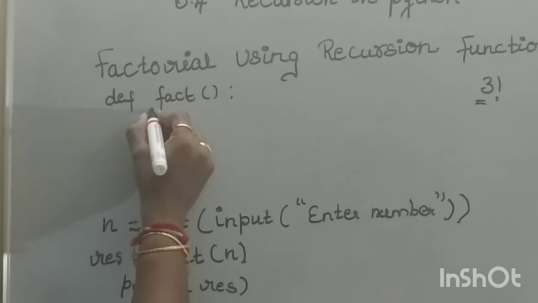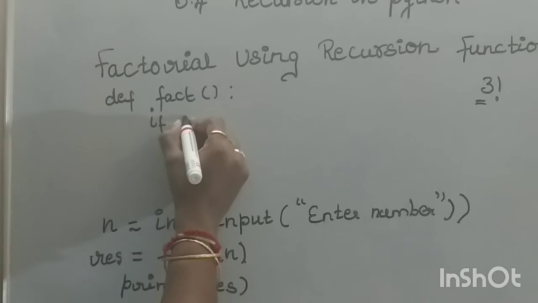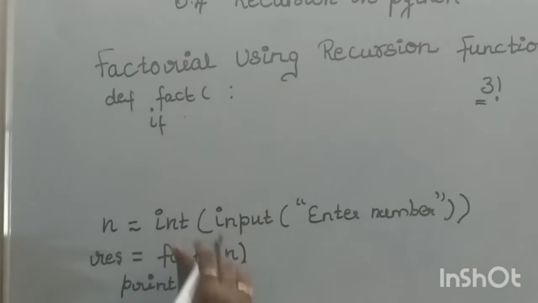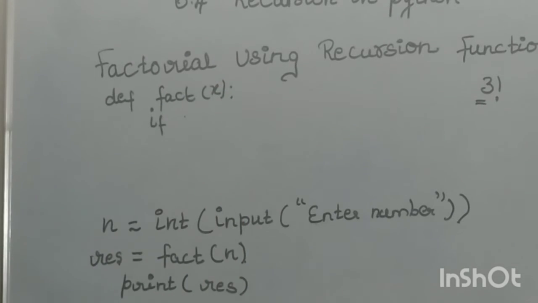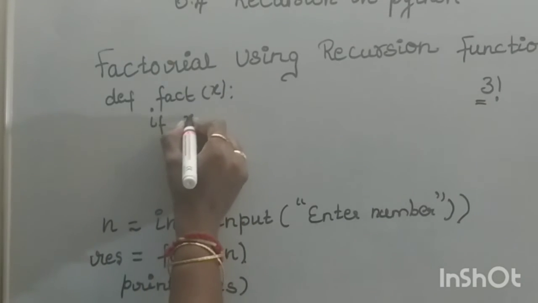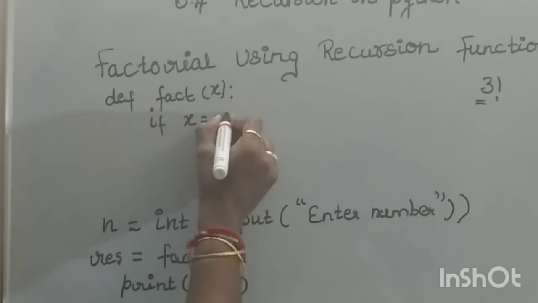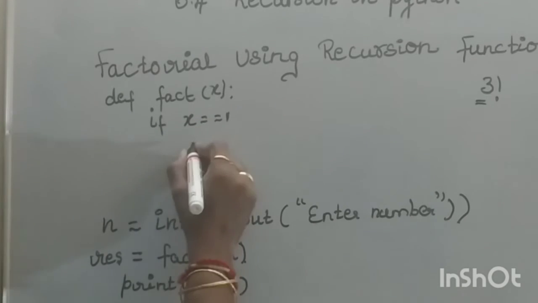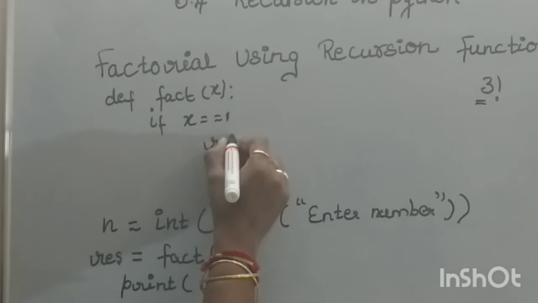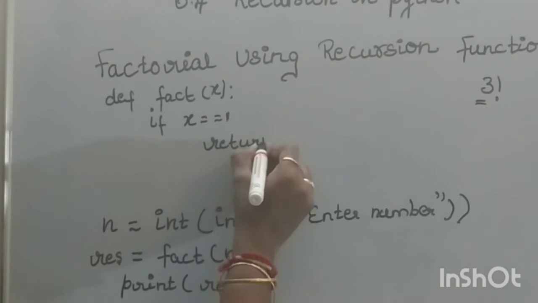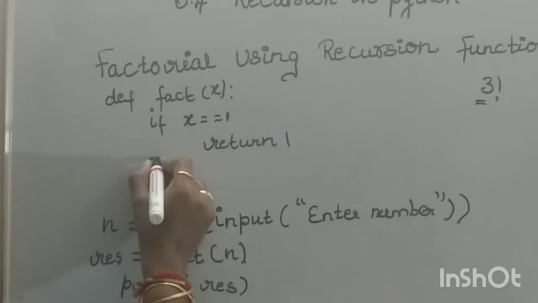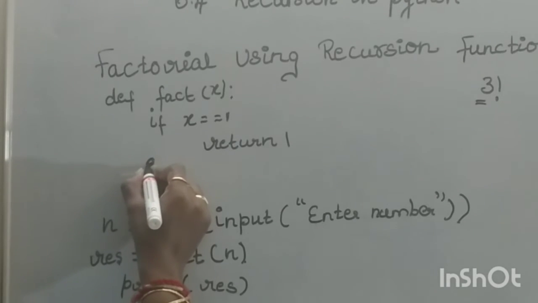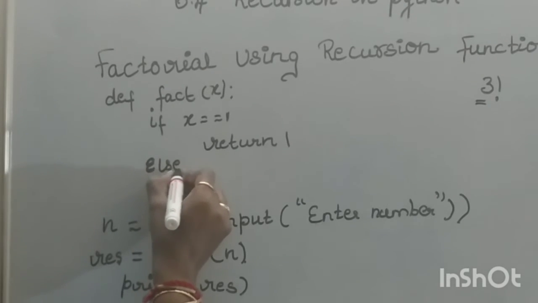Here you have to use a base condition. Here you have to receive this value, we need an x. If x equal to 1, then return 1. Otherwise is represented by the keyword else.